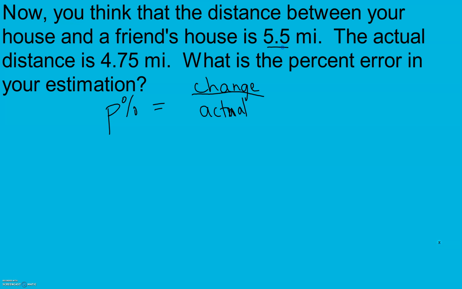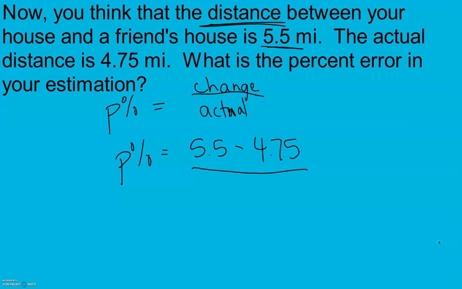So my change here between 5.5 miles, and here I'm just talking about my distance. So I don't have to do anything with like area. We had to calculate our areas. Here we're just talking about distances, and they give us those distances. So it all depends on what it's asking you to find. There's my change. My original is the actual amount. Okay, it was originally 4.75 miles way before we ever guesstimated it.